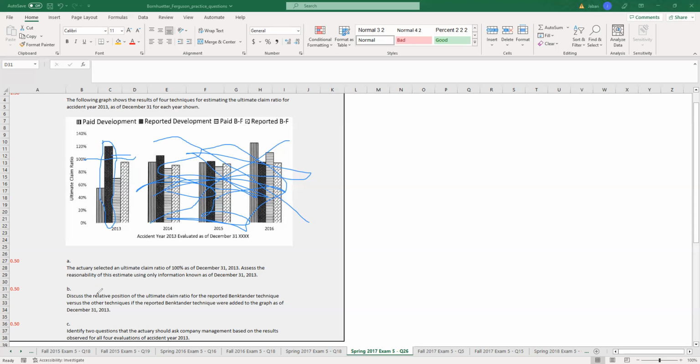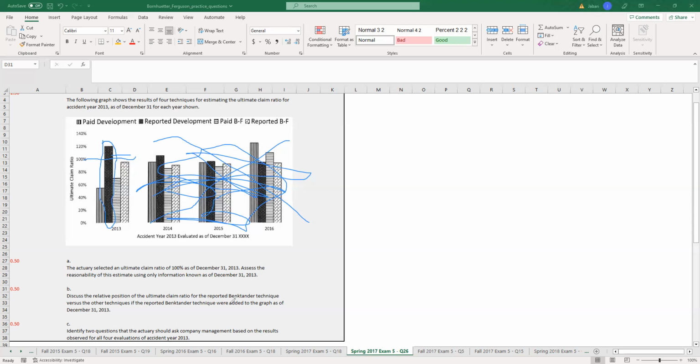For B, discuss the relative position of the ultimate claim ratio for the reported Bornhuetter-Ferguson technique versus the other techniques if the reported Benktander technique were added to the graph as of December 31st, 2013. If we recall the Benktander technique, that's just the BF method, except instead of using the ECR, the expected claims ratio, we use the ultimate from the Bornhuetter-Ferguson technique.